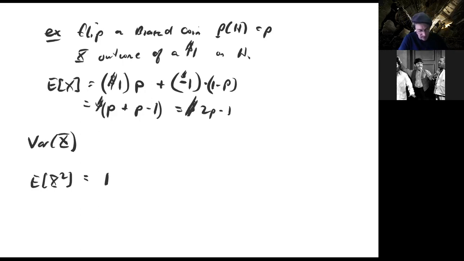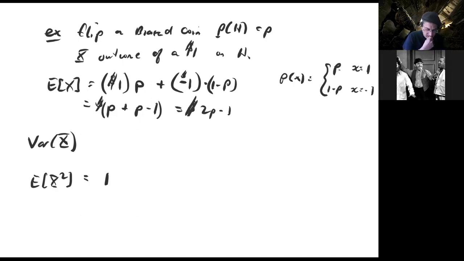Every other value, the probability mass function vanishes. In other words, p of x is equal to P if X equals 1, and if X equals -1, it's 1 minus P.